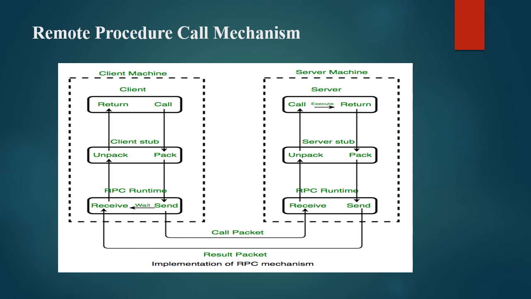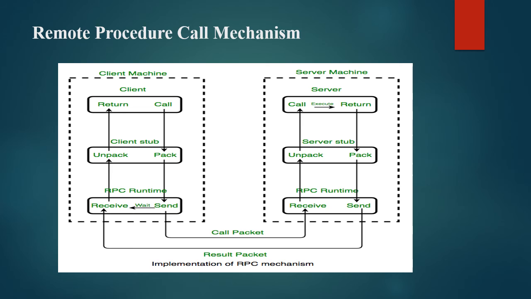Let us understand through this block diagram what RPC is. There is a client machine and a server machine. The client has the message it wants. It is given to the client stub. The client stub takes this message and gives it to the RPC runtime at the client side.